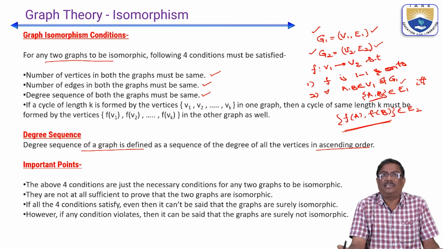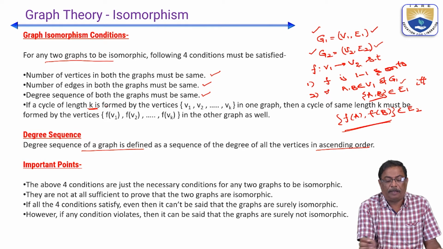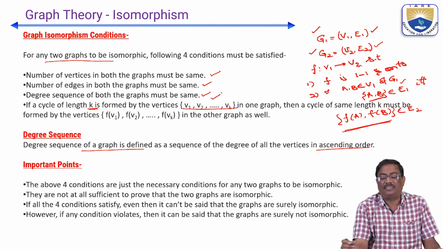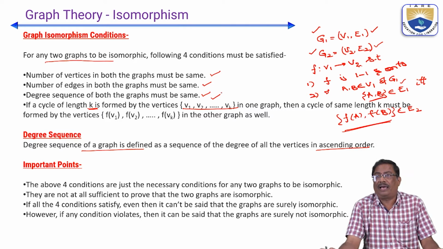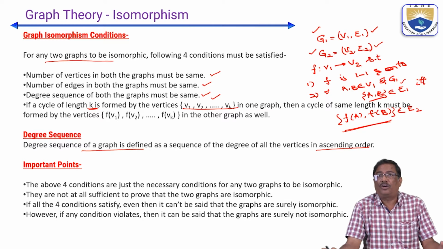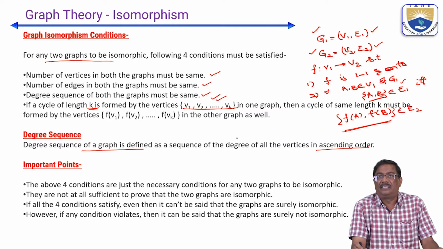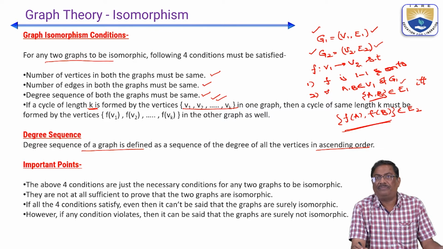The fourth condition is that if a cycle of length k is formed by vertices of one graph, then a cycle of the same length must exist in the other graph. Suppose we consider a cycle of length k with vertices v1, v2 and so on up to vk in one graph.